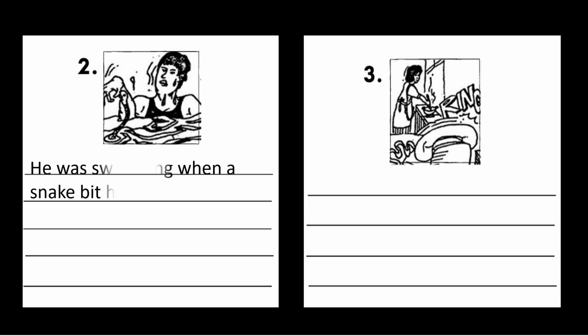When you write your answer: he was swimming when a snake bit him. Okay, 有时候用 while，有时候用 when. If you use when, the past tense comes after the word when: a snake bit him, he was swimming. 他在游泳，所以正在游泳，蛇咬到他。So that's for number 2.